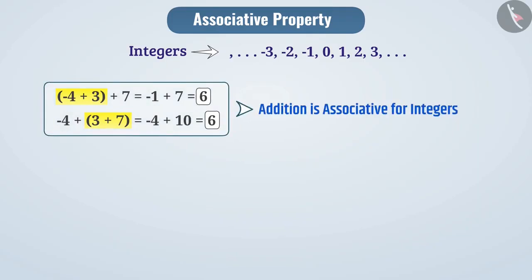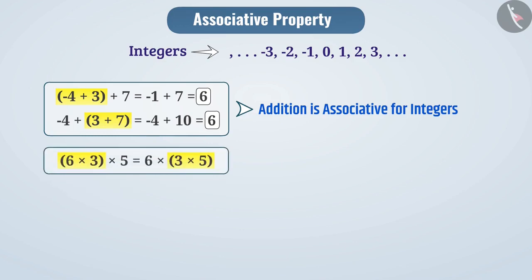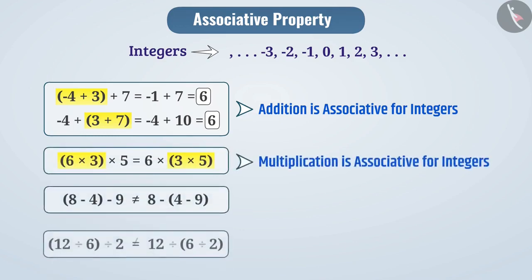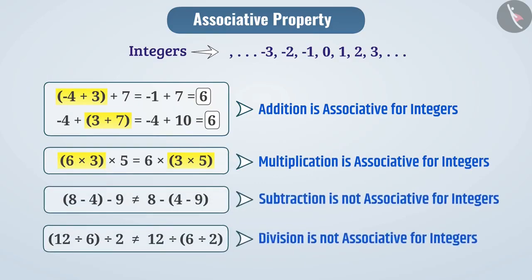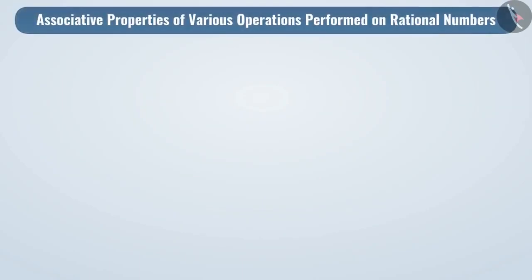Like addition, multiplication for integers is also associative, but subtraction and division for integers are not associative. Today, we will talk about associative properties of various operations performed on rational numbers.